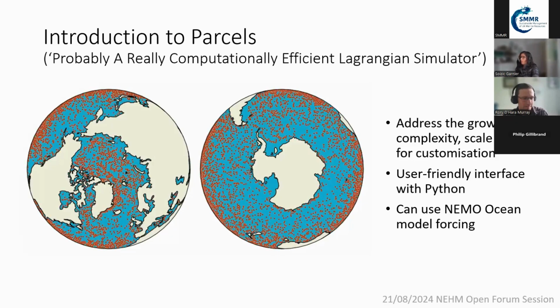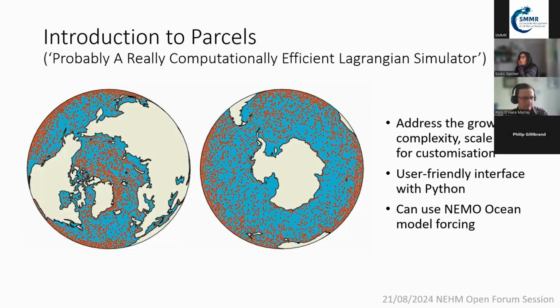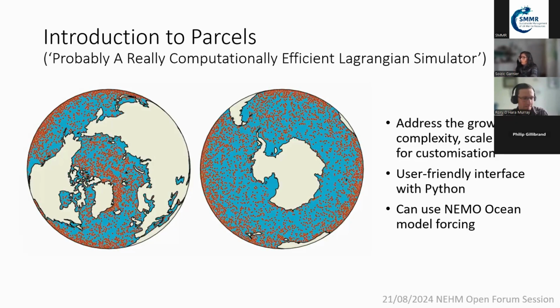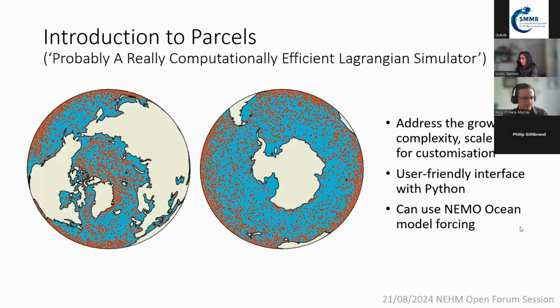And something else I wanted to highlight is that it's developed so you can use NEMO, the NEMO Ocean model, as forcing. And as you know, these forcing are very easily available through the Copernicus service.